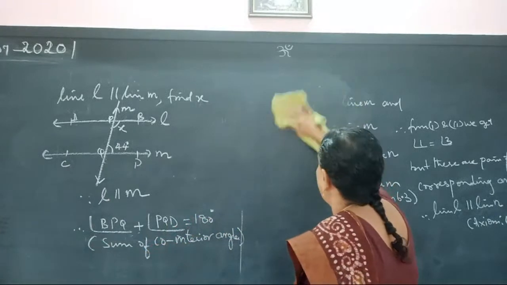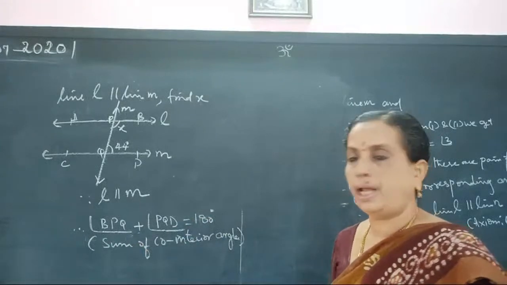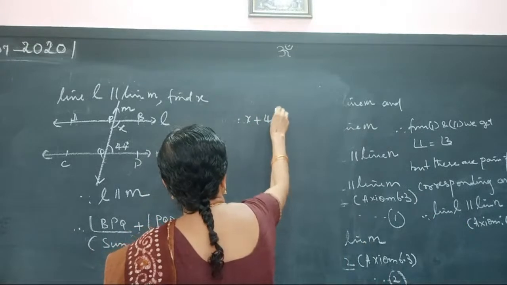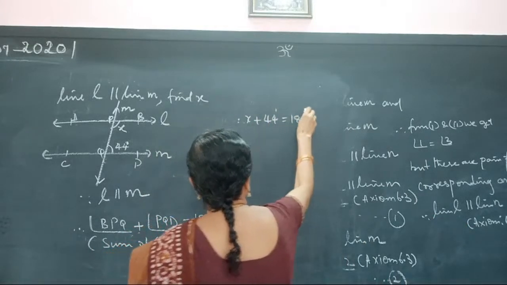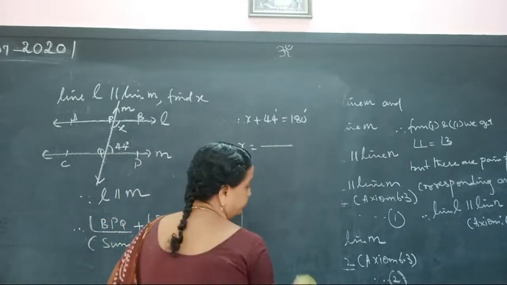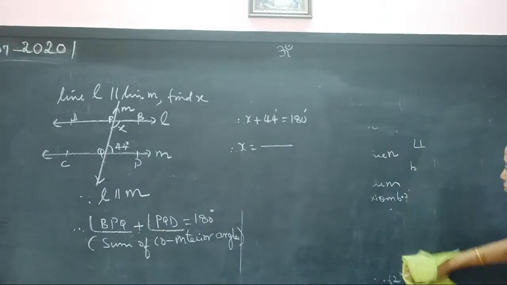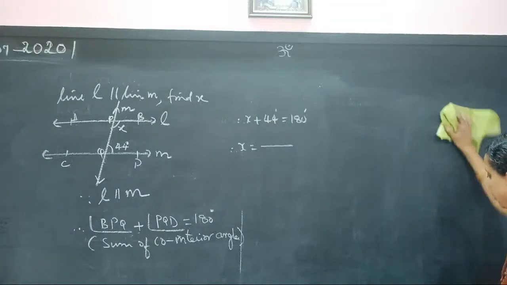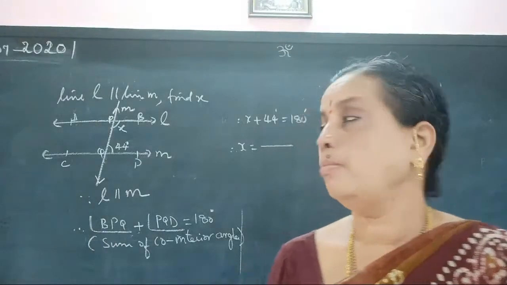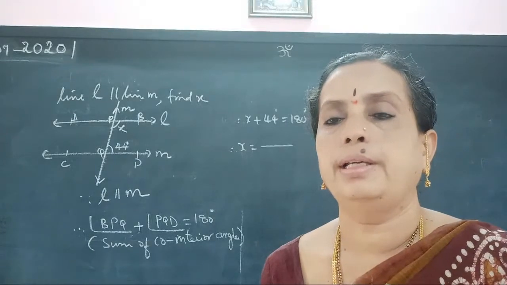After showing the sum of co-interior angles, therefore X plus 44 degree equals 180 degree. Therefore X equals 180 minus 44 degree, 136 degree.